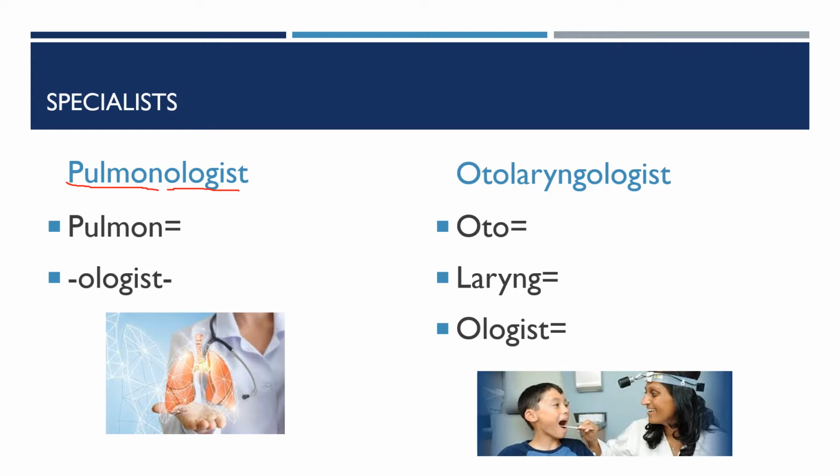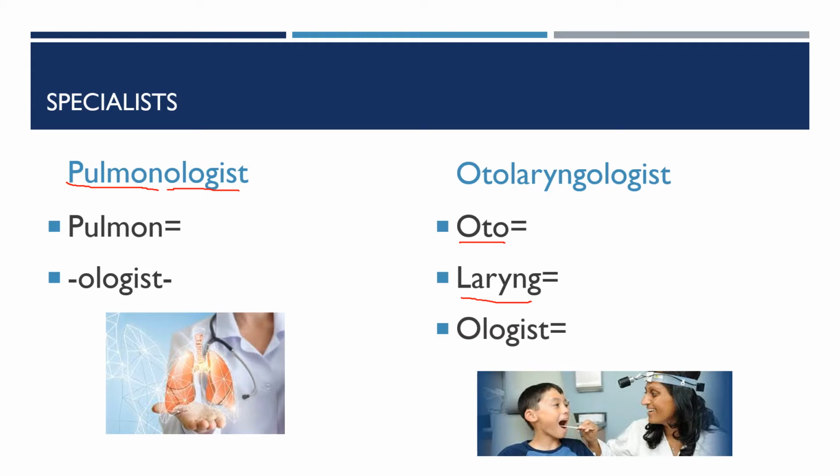Now on the right side, we have the word of the day, the mouthful word, but if you break it down, it's not as bad as it looks. So let's start out with oto. Oto means ear. Laryng, first the larynx, which is the voice box.